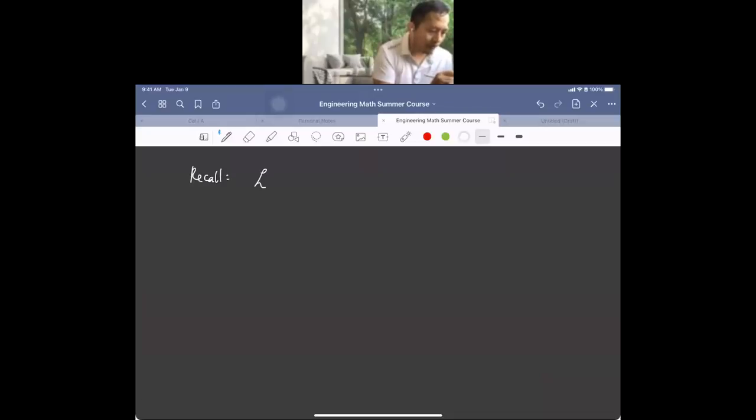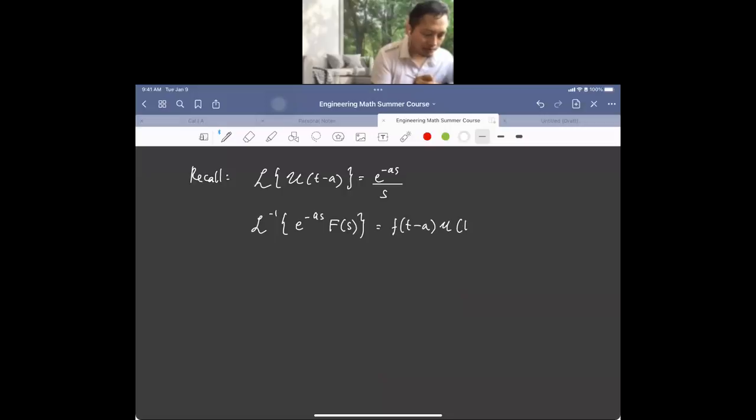Recall what we have in Laplace. If we have the Heaviside, since we have e to the minus as over s, so if we have the inverse, this is f of t minus a, and then Heaviside t minus a.